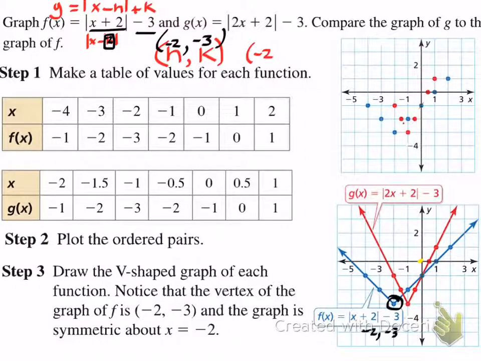And I move negative 2 in the x direction, down 3. Am I at my vertex? That's the vertex of this equation right here. Negative 2, negative 3, because I have a negative 3 there.